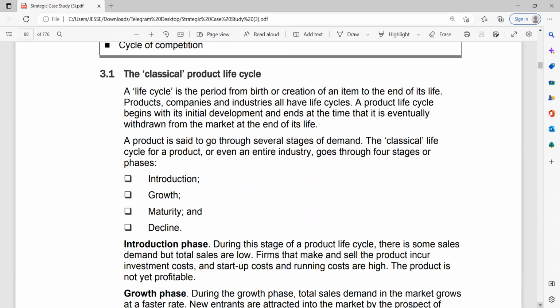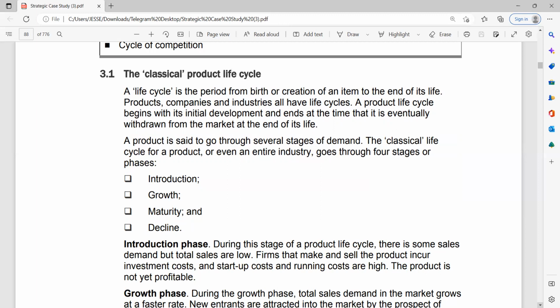So please stay with me. So the classical product life cycle, I'll just define it, and then you can read ahead before the next lecture. The life cycle is simply the period from the birth or the creation of the product to the end of its life, right? Just think about it like a human being.